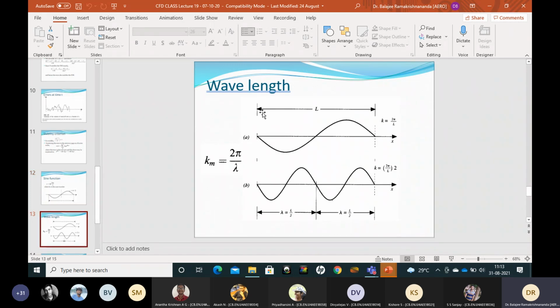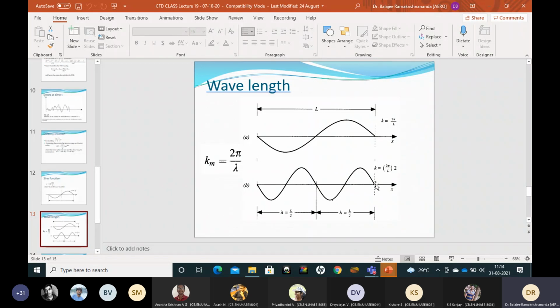So this is for the total length, the longest wavelength, or the smallest frequency, which is 2 pi by L. The next one will be 2 pi by L into 2.